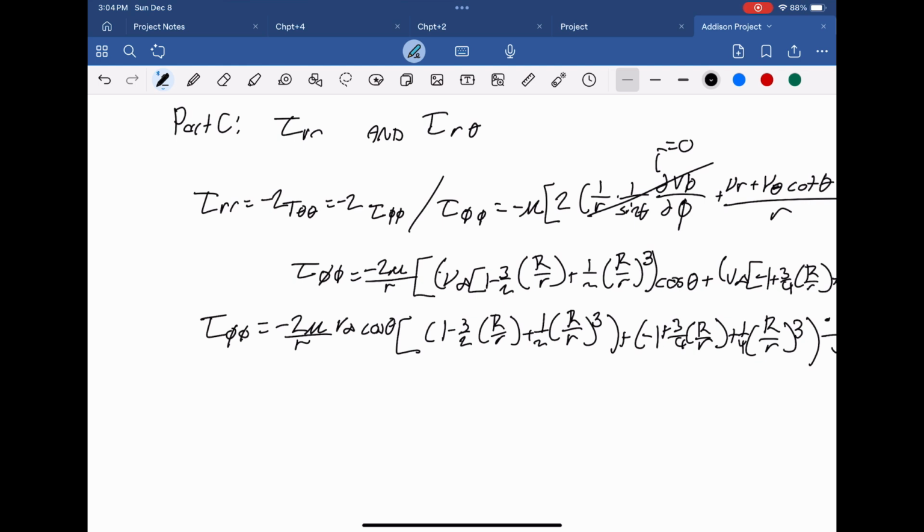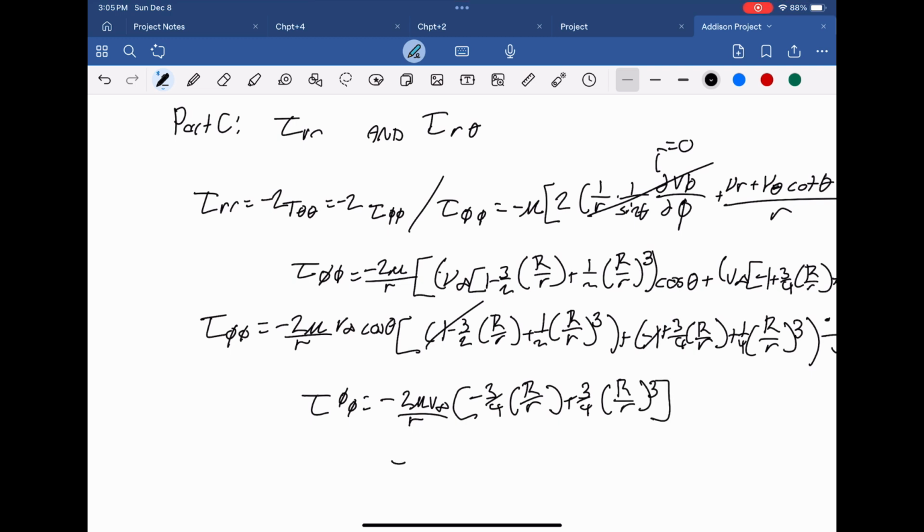We are going to be able to cancel out the 1 terms, and we can simplify the like terms further down into tau phi phi equals negative 2 mu V infinity over r times negative 3/4 times r over r plus 3 over 4 r over r cubed.